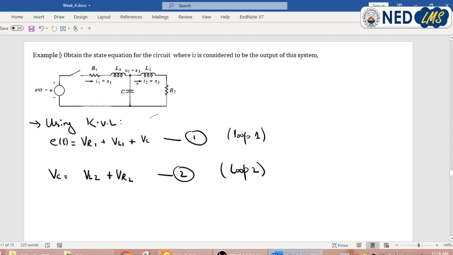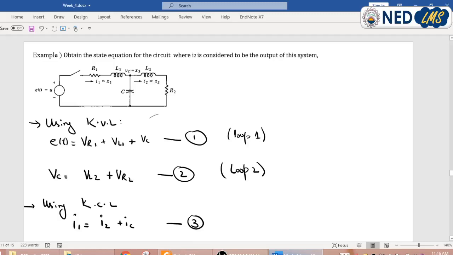Okay, I can write a node equation here. Using KCL at this node x3, I have a current I1 entering, which leaves through two different paths: I2, and second, IC. This is my third equation.